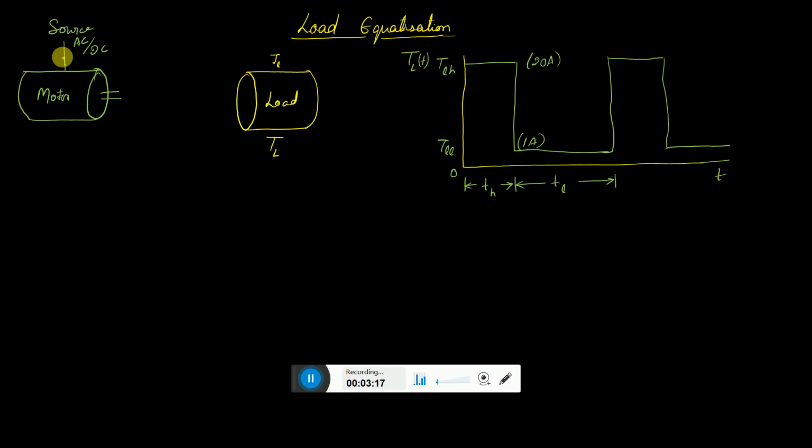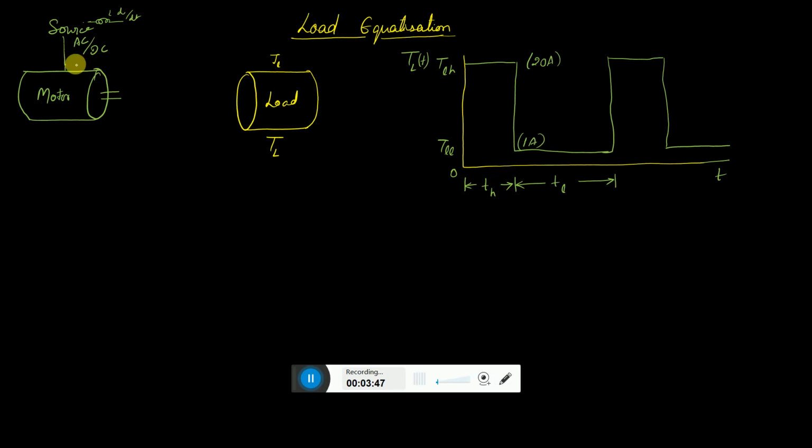This high inrush of current will affect the source voltage, because the source, the transmission line, has inductance, and when there is a high rate of rise, di by dt is high, so L di by dt will obviously come into the picture, and it will affect the source voltage and the voltage across the other terminals that are connected.